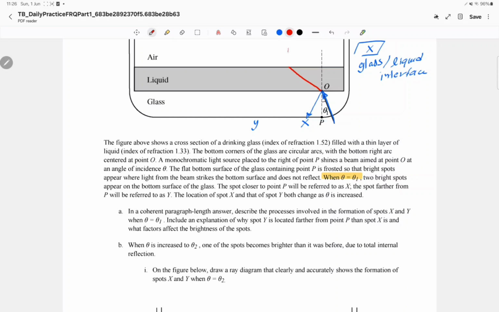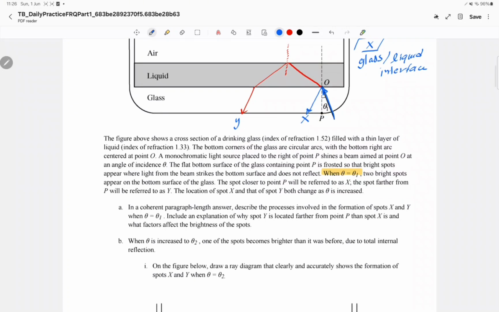It's going to hit this interface between the liquid and the air. It's going to reflect back, and it's going to then refract, and it's going to form Y. So Y is the result of multiple things, reflections and also refractions, but X is much simpler. That's why X is going to form closer, only a simple reflection, while Y is going to form farther due to reflection and also refraction.